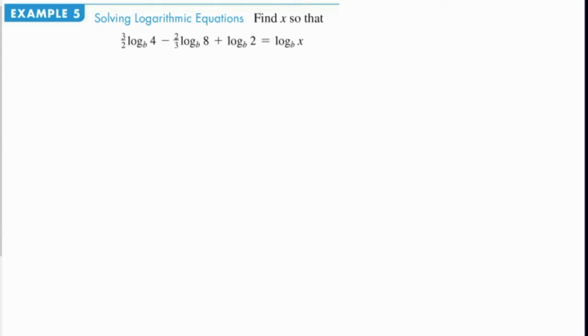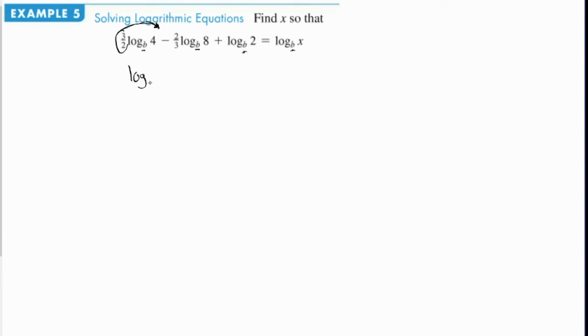So here, for example 5, we're going to solve an equation. And from this equation, we have a bunch of different properties that we're going to implement. So I notice that all of my logs have the same base. So to start with, I'm going to reverse the property. I'm going to take what's out in front here and put it up into the exponent.